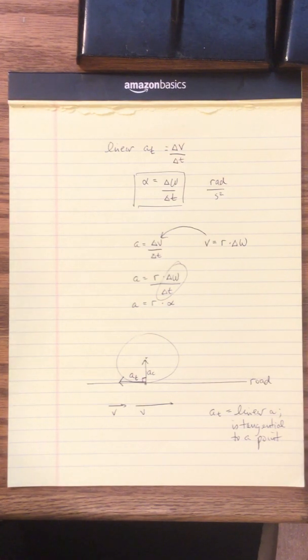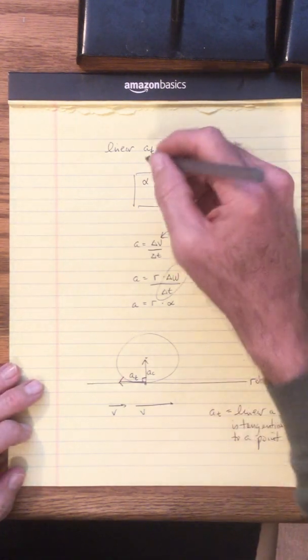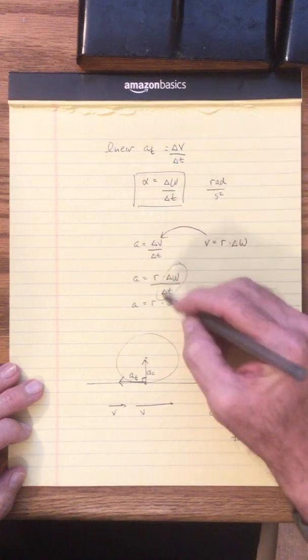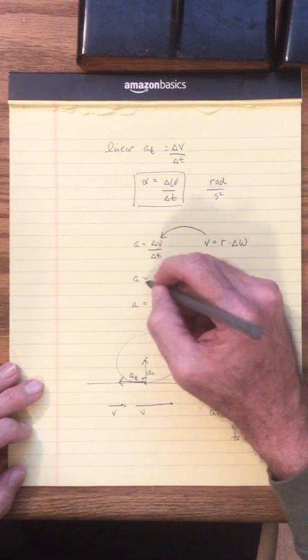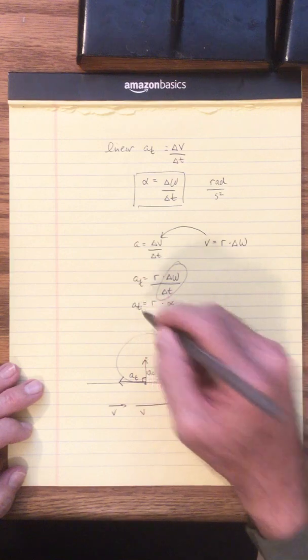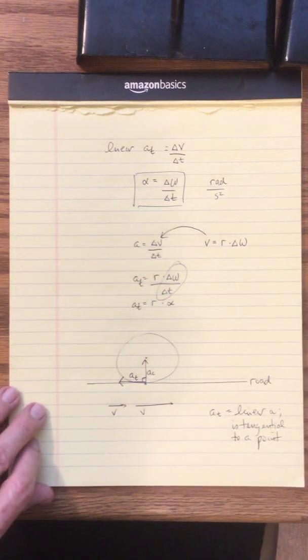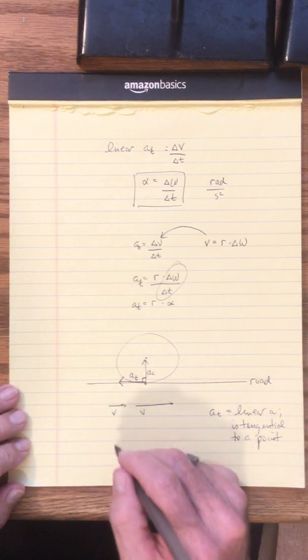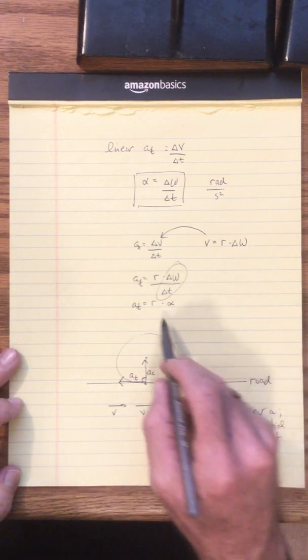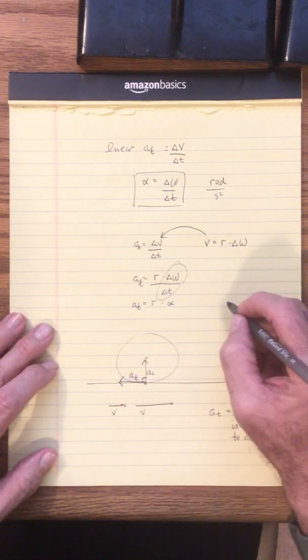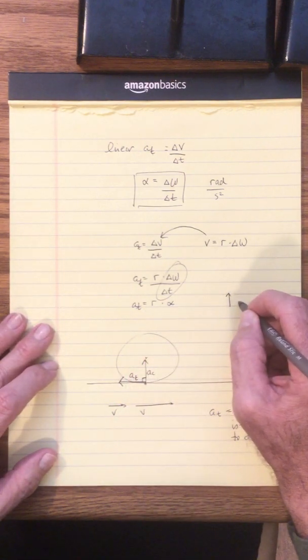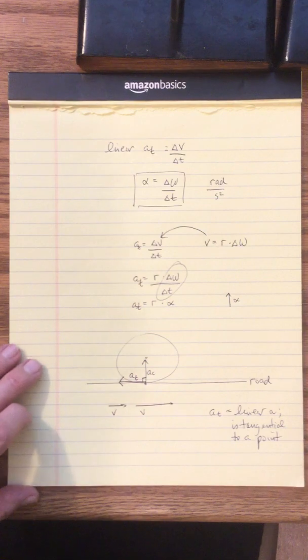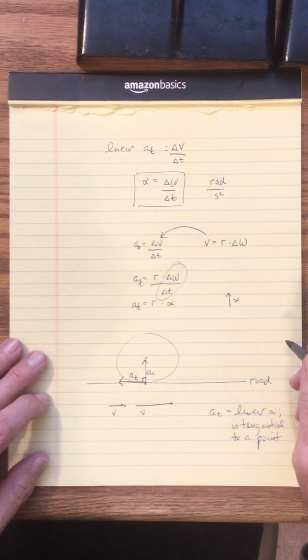Okay, so imagine that we have this formula. Since this is the linear acceleration, we can say also that this is the tangential acceleration. So looking at this formula right here, if we increase the angular acceleration, what's going to happen?